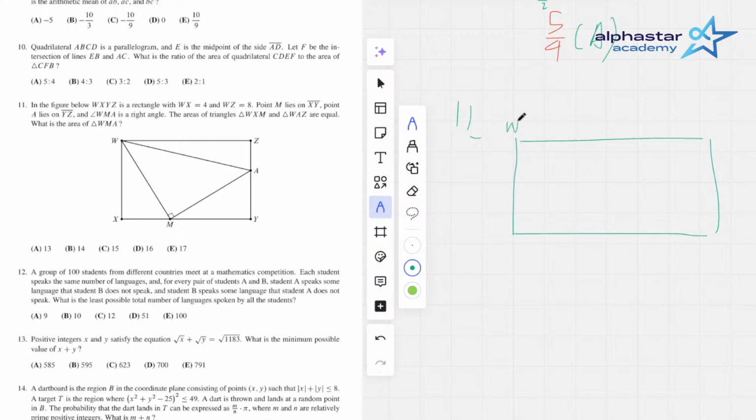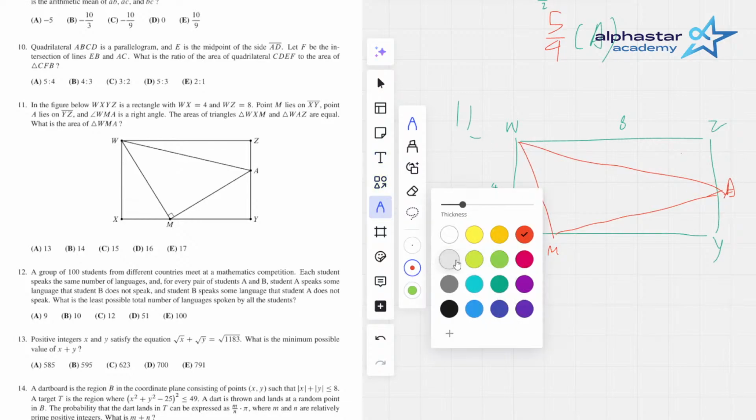WXYZ, 4 and 8. We'll draw a right triangle such that WMA is a right angle, and the areas of WXM and WAZ are equal.